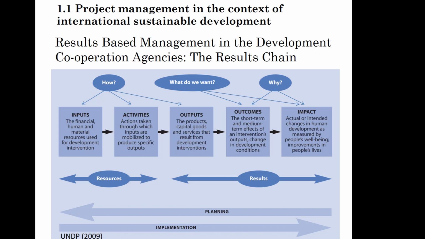Only after that should we concentrate on the outcomes, which are basically the preconditions that should be achieved so that the goal of the project can be realized. And only after that is the project concerned with what products and services, what outputs, we should produce to achieve these outcomes, which ultimately will contribute to the achievement of the goal.